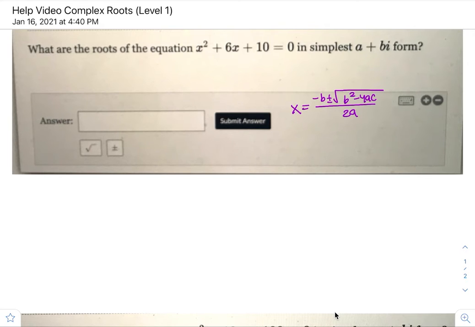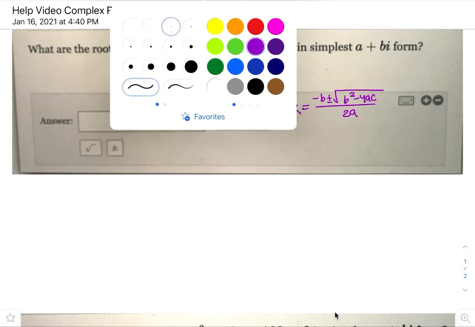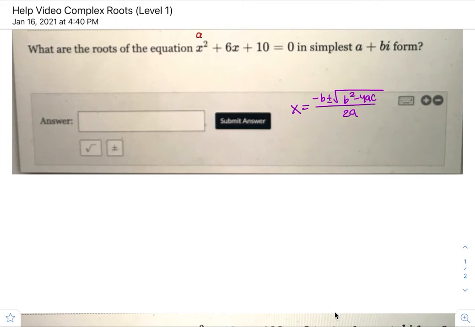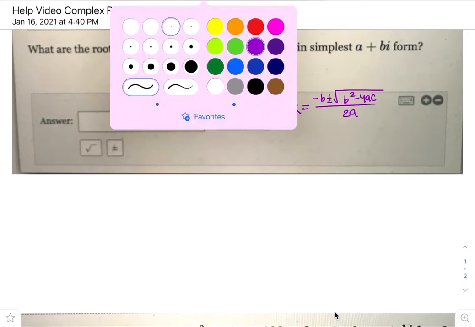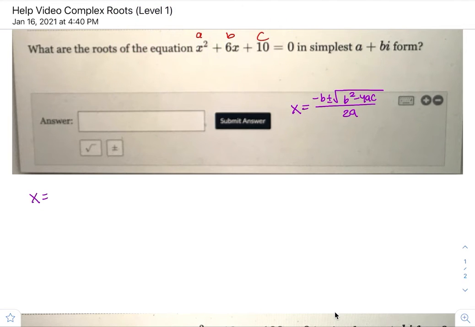So we're going to label A, B, and C. So x is going to equal negative b, so that's negative 6, plus or minus 6 squared, that's b squared, minus 4 times our a, which is 1, times our c, which is 10, all over 2 times a, which is 2 times 1.